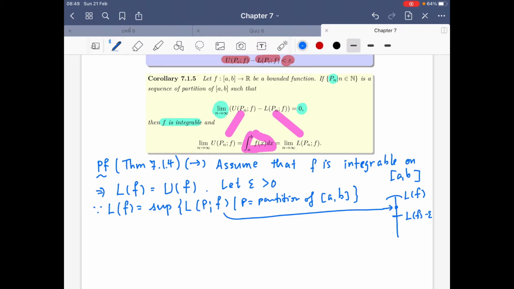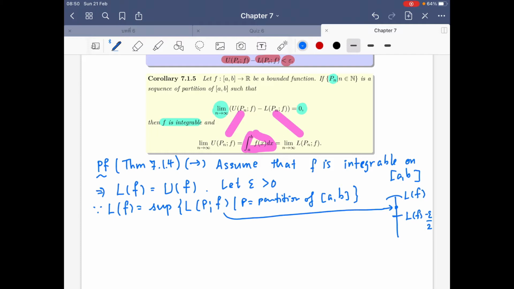However, instead of subtracting only epsilon, we are going to adjust a little bit by epsilon over 2, because we are going to work on the lower integral and also the upper integral. Since there are two ways, each one of them will depend on epsilon over 2.